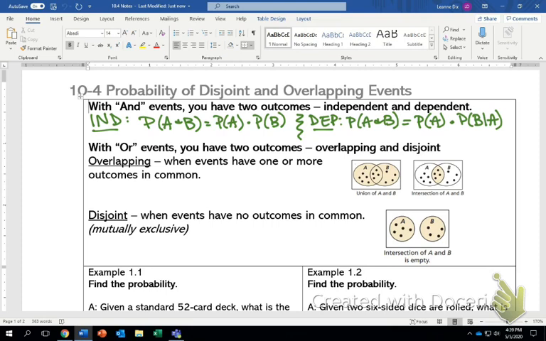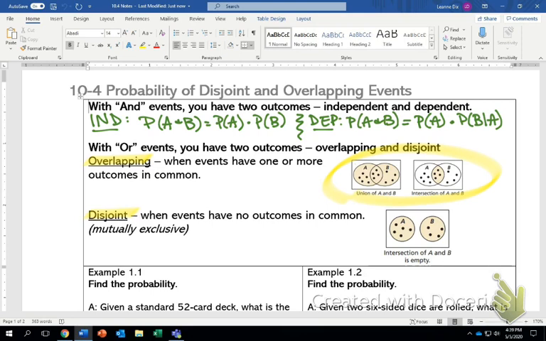Now 10-4 is going into the next piece of it, which is when we are looking for "or" statements. So this will be with "or" events. You have two outcomes: you can either have overlapping or disjoint. There are two pictures over here. When you have overlapping materials, obviously this is going to have some items in common.